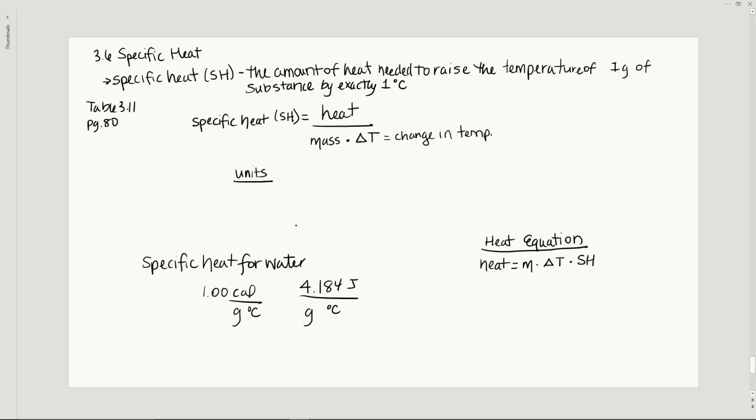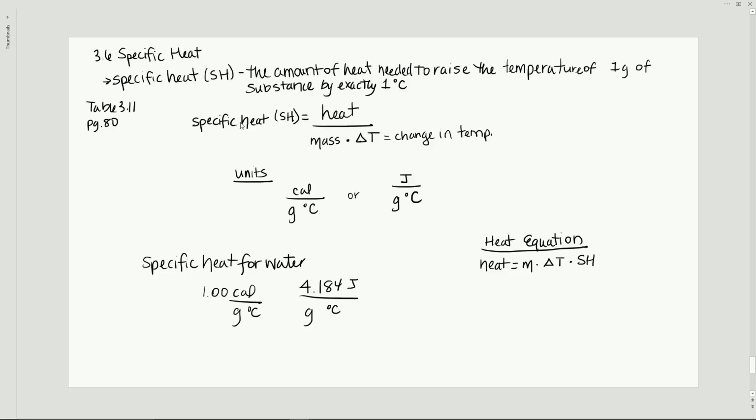The units for specific heat are either calories, that's the lowercase c calories, per gram degrees Celsius, or joules per gram degrees Celsius. You will mostly see specific heat listed in joules per gram degrees C.